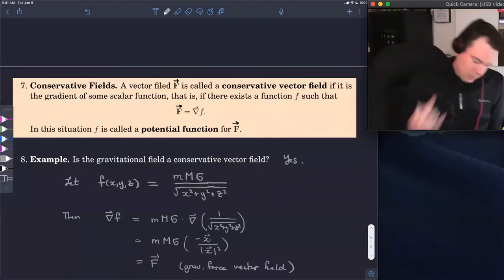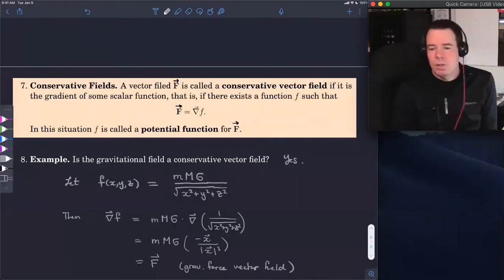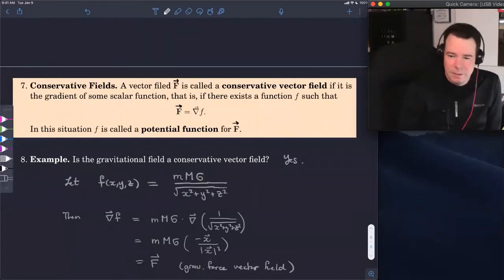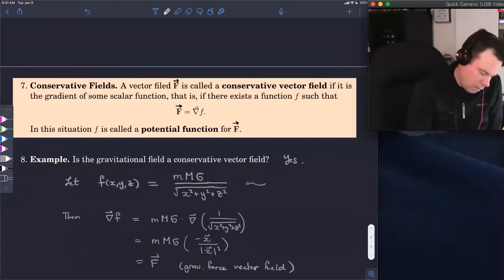So in other words, this gravitational field is conservative because there is a scalar function for which it is the gradient. And this is called the potential function.